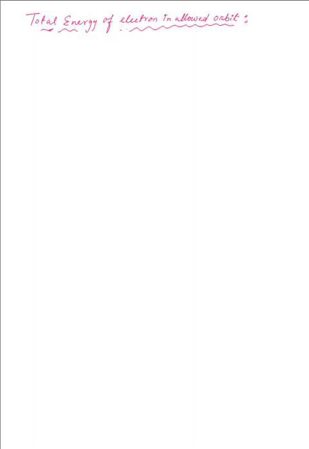Now the total energy is obviously the sum of the kinetic energy term. Remember, this is K in capital or big letters, as opposed to the k in case of the azimuthal quantum number, so don't confuse that. And we have the potential energy term U. Now this kinetic energy is obviously equal to half mv squared.